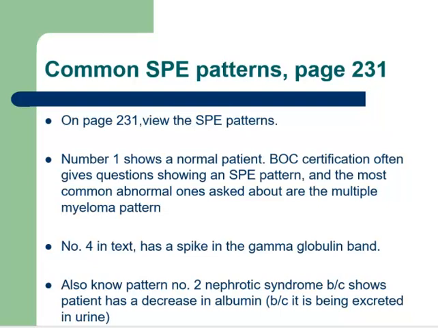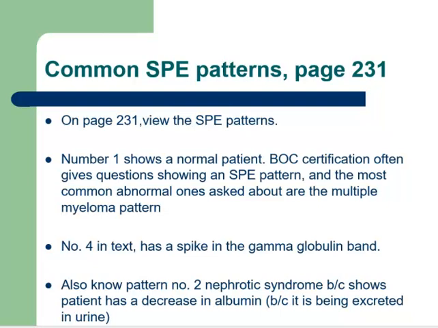Number 1 in your textbook on that page shows you a normal patient. One of the things that the BOC Board of Certification exam loves to do is show you some serum protein electrophoresis patterns and ask you which one is normal, which one is a multiple myeloma pattern. So just be familiar with some of these peaks.